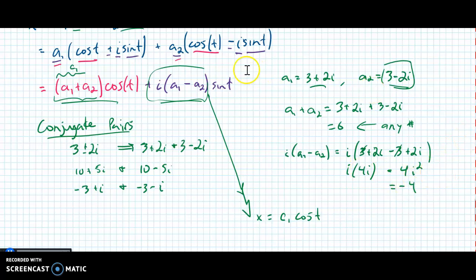So what I'm trying to convince you of is that if I choose these a1 and a2 constants to be complex conjugate pairs, then it will get rid of the imaginary component of this equation right here, and I can call this half over here plus C2 sine t. And that is the solution to this thing.